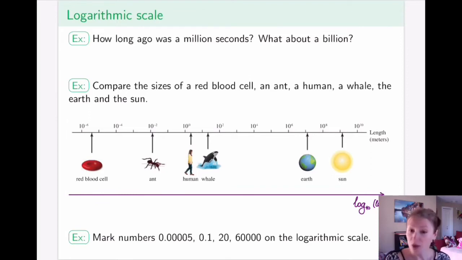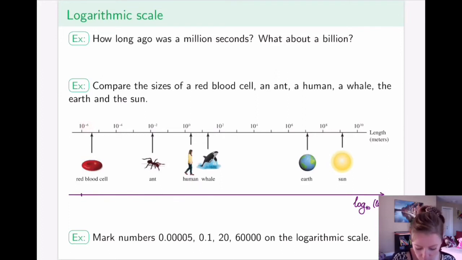Okay, the way that logarithms work, remember that the logarithm is the power to which you had to raise something to get the length. If it's base 10 here, it means that the logarithmic scale will give us numbers to which you had to raise 10 to get the length. So as opposed to having 10 to minus 6, 10 to minus 4, and so on, we will just have the powers themselves.